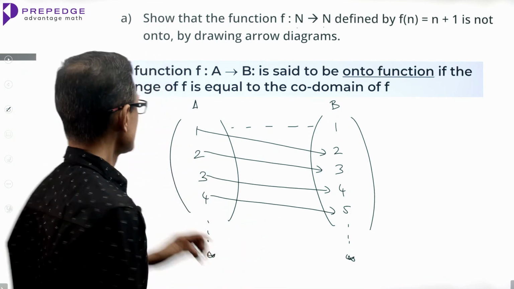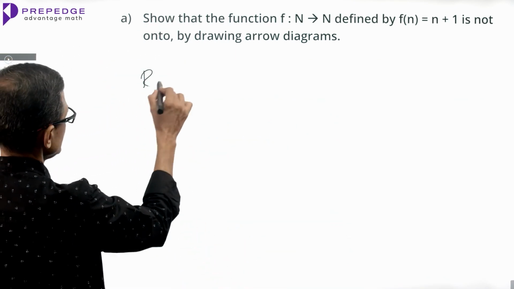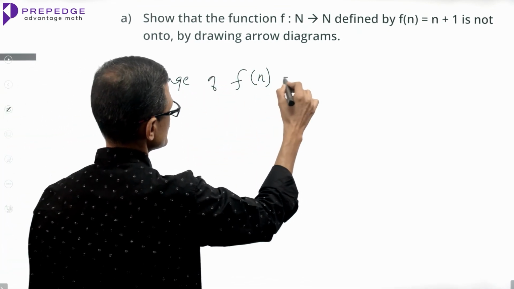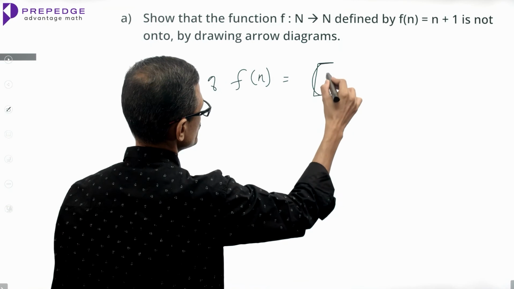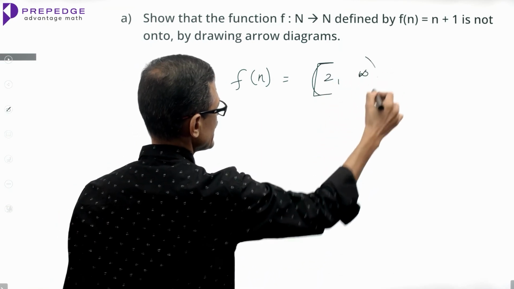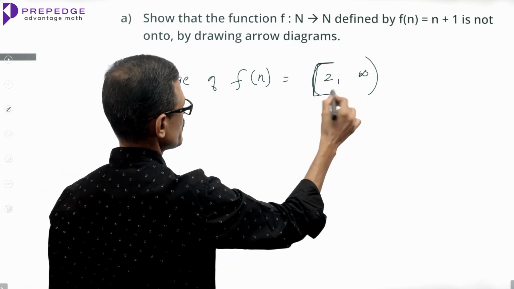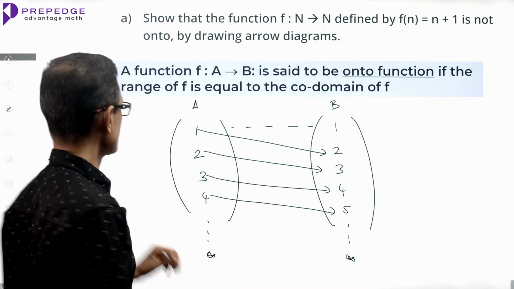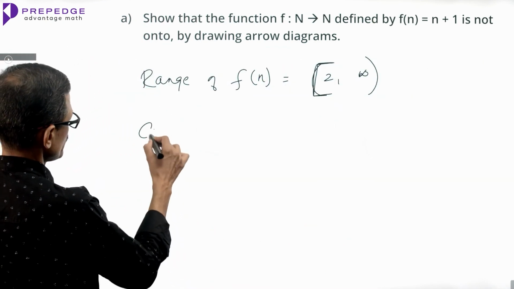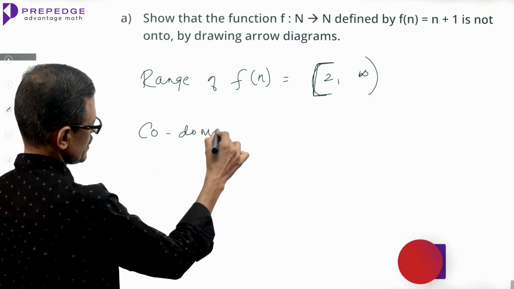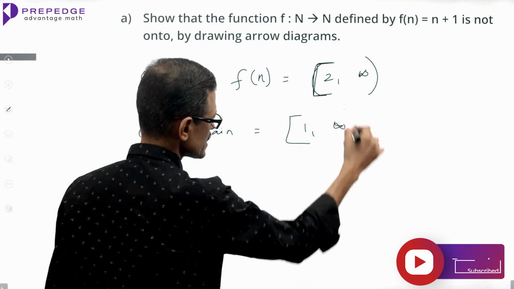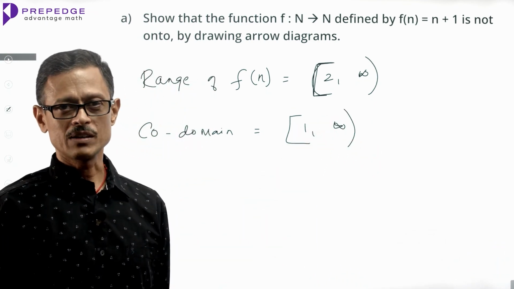So essentially, the range of function f starts from 2 and goes all the way up to infinity, with a square parenthesis because 2 is included. What is the codomain of f? The codomain is given in this question. Codomain is equal to 1 to infinity, because it's the set of natural numbers.